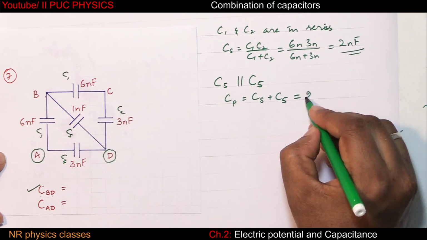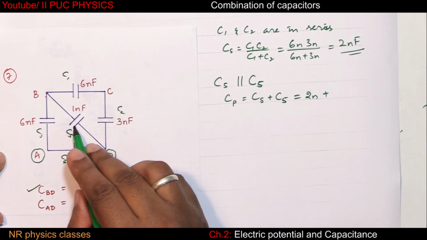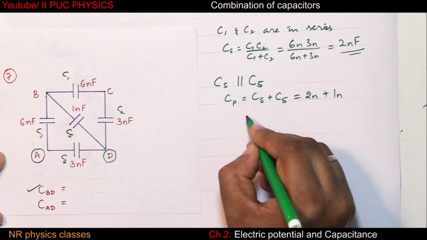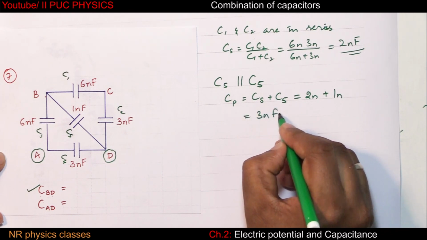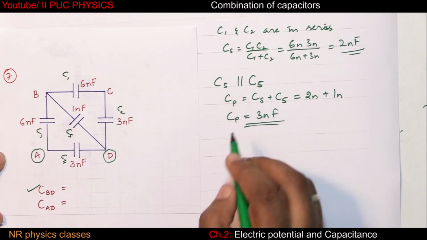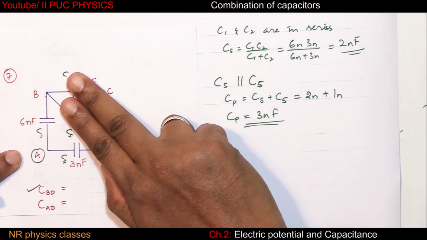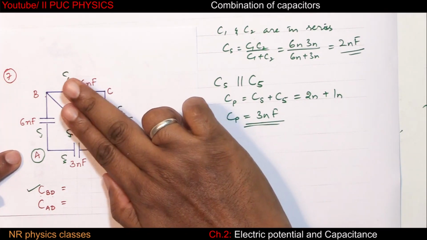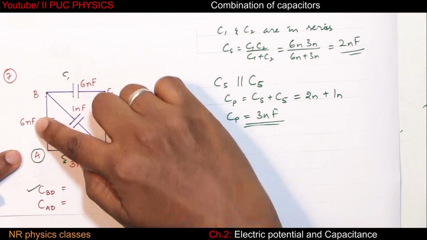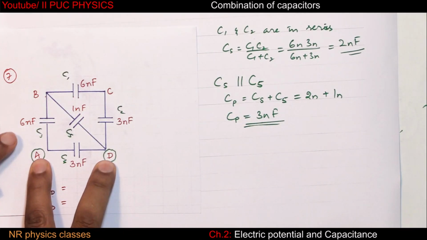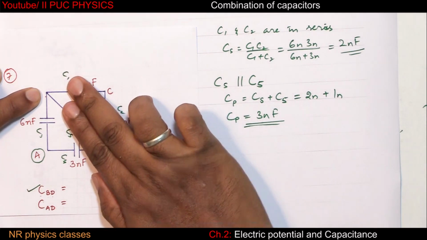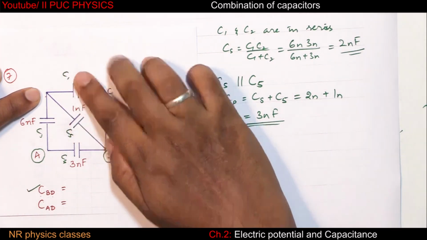CS is 2 nano, C5 is 1 nano, which equals 3 nanofarad. This is CP. Now in place of these three, we have CP. Now this CP is in series with C3. Since we want between A and D, don't worry about B. This is 3 nano.